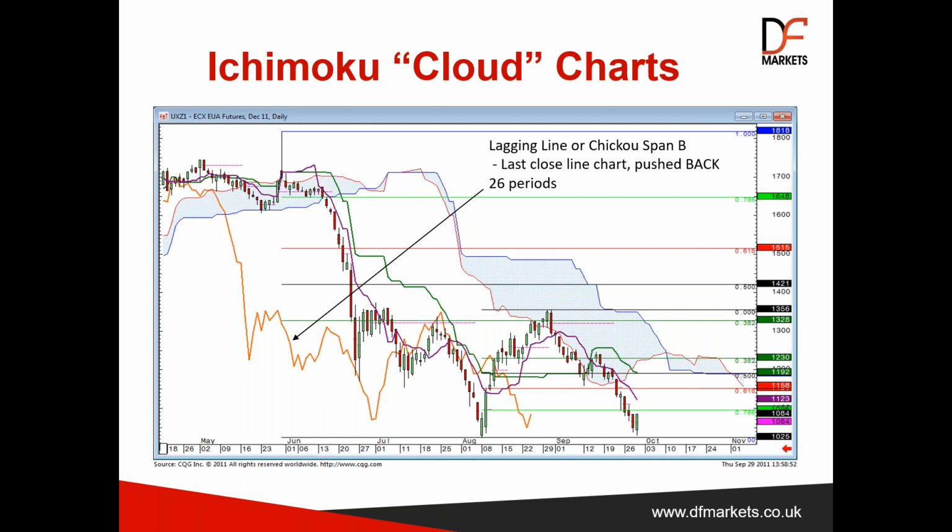Okay, so that's all of the lines, and hopefully a little bit clearer as to what they're showing. And yes, it is a bit of a messy looking chart, which is, I think, one of the criticisms of Ichimoku charts that I've heard leveled at it, is that there's a lot on there. It makes for a very messy, noisy looking chart.